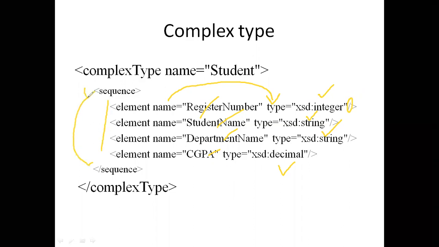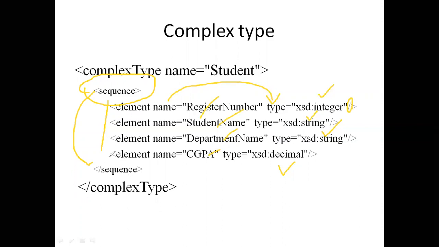Here the sequence is an order indicator. What does it mean? All the elements must appear in the document, and they should appear in the order specified. The same order only should be followed in the XML document.